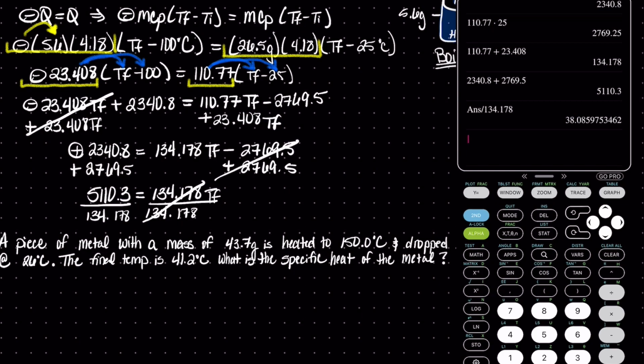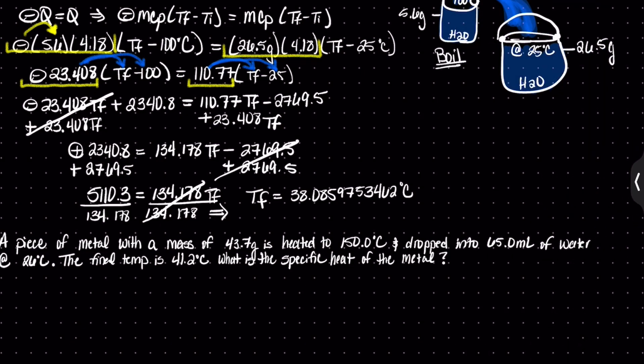And there it is: 7, 5, 3, 4, 6, 2 degrees Celsius.